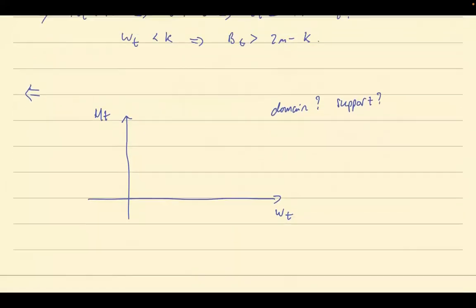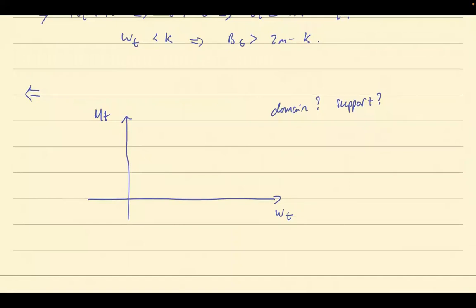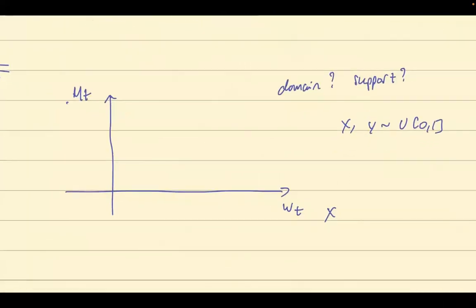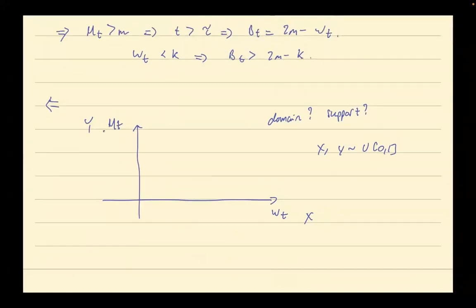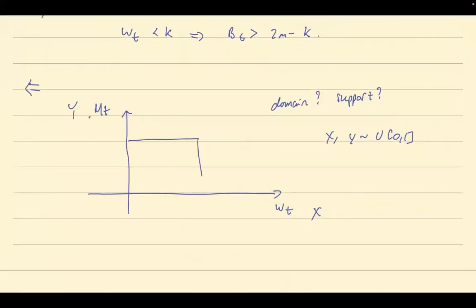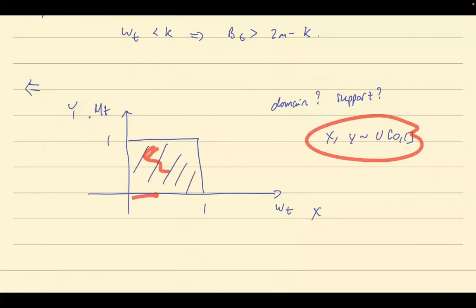For example, if I have a joint uniform on 0 and 1, then what's the domain of X and Y? The domain is the unit square, because it doesn't matter how they are jointly distributed, they cannot escape 0, 1. But of course, that's just to give you an idea of what the joint domain is.